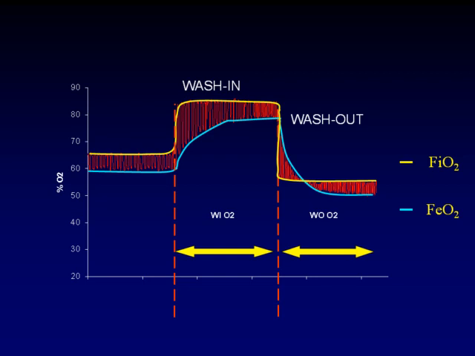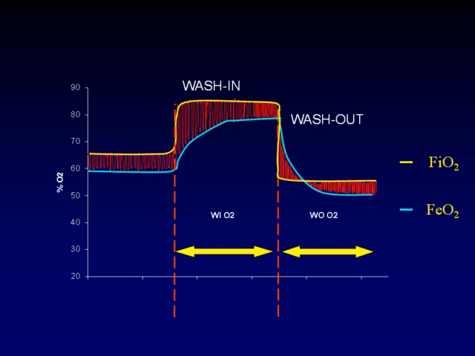This is an example of measuring the lung volume by changing FiO2. You see here in yellow, FiO2, in blue, the expired oxygen fraction. Normally the expired oxygen fraction is lower than the inspired one.